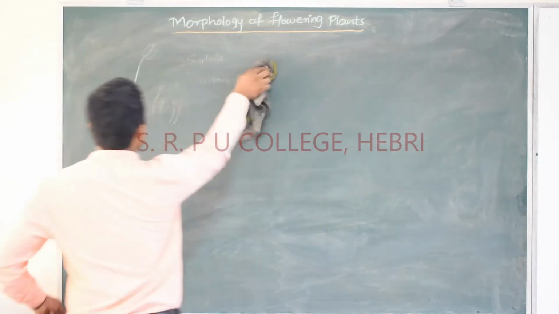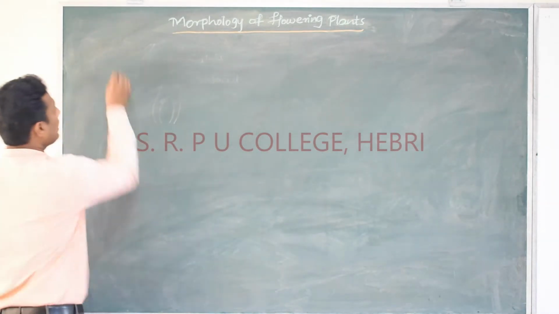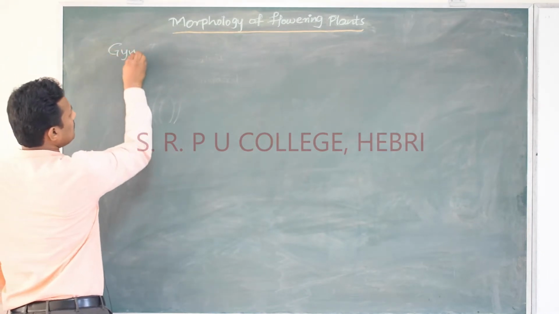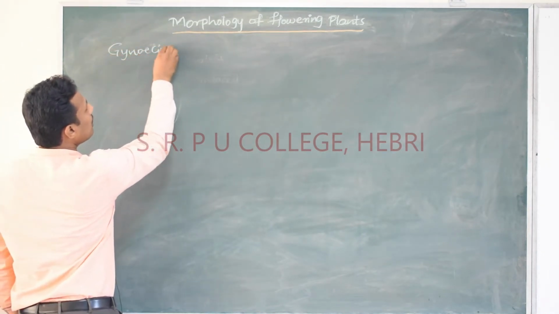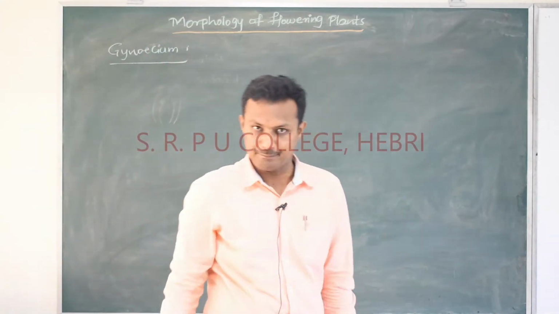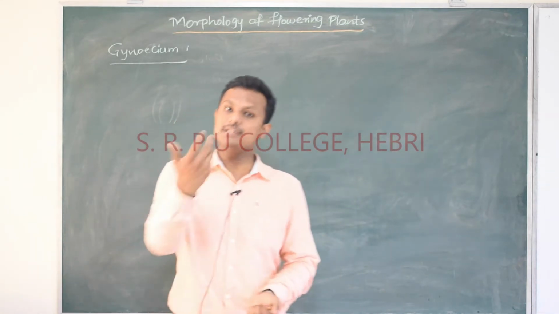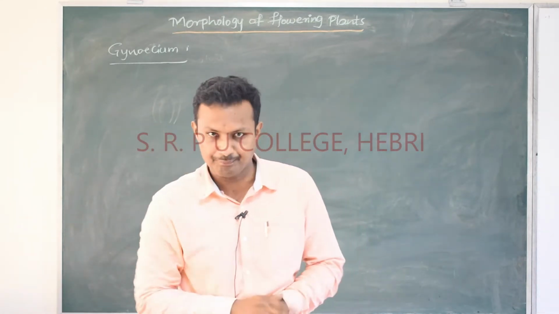Okay, now let us move on to the next aspect of this chapter, that is gynoecium. So you very well know gynoecium means what? It is the female reproductive part. It is the second essential whorl and also the innermost whorl of the flower, right?